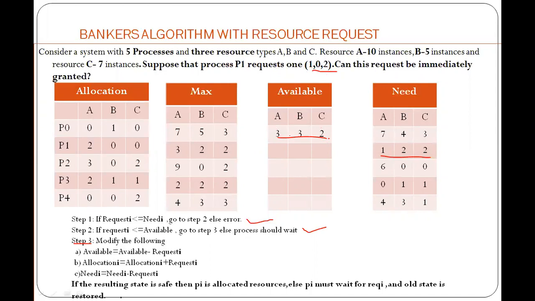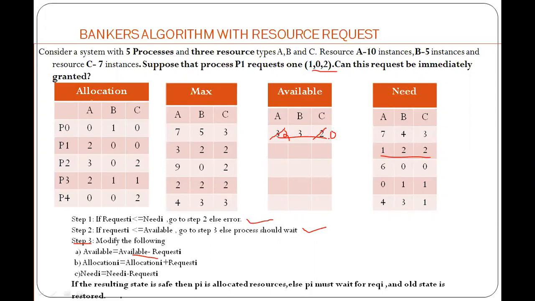So when the bank gives money to P1, from 332 you will have to deduct 102. That is what is left with the bank. So availability is going to be available minus request. 3 minus 1 is going to be 2. 3 minus 0 is going to be 3. I'll not change that. 2 minus 2 is going to be 0. So 230 is what is available now with the bank.